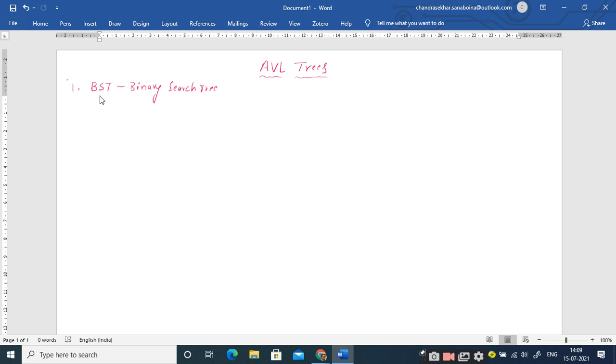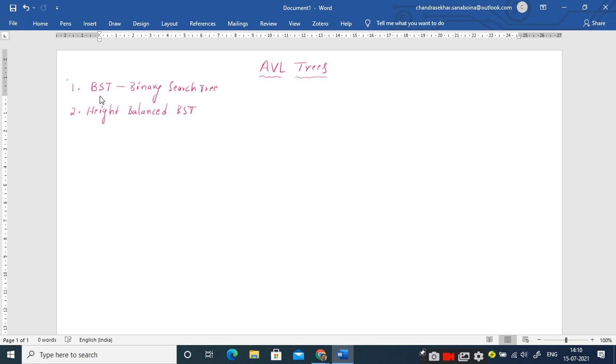So in order to overcome the disadvantage of such type of BSTs, we are discussing another new concept which is called the AVL trees. So the simple definition that we can give for this AVL tree is they are height balanced BSTs, right?